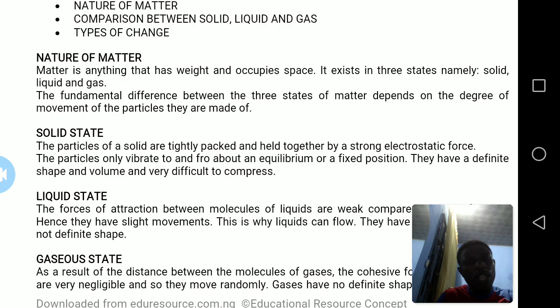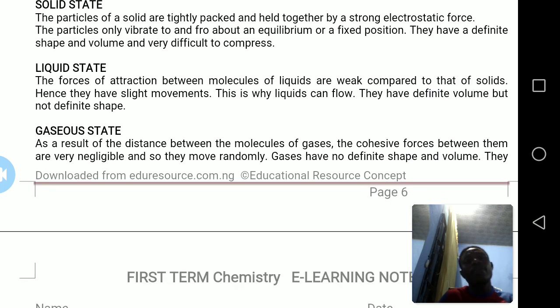Then we move to the liquid state. Now in the liquid state, the forces of attraction between molecules of liquids are weak compared to that of solid. So we know that here the forces of attraction are between the particles that make up the state of matter. Let me use water, for example.